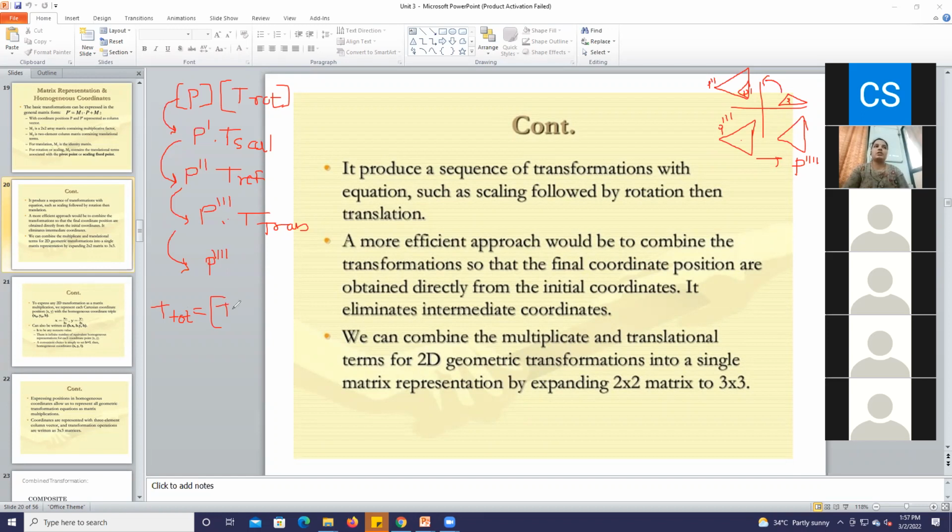So T rotation is multiplied with T scaling is multiplied with T reflection is multiplied with T translation. म्हणजे हा झाला तुमचा T total. मग आता माझं काम काय आहे की P जो डॅश येईल that is nothing but your P into T total.